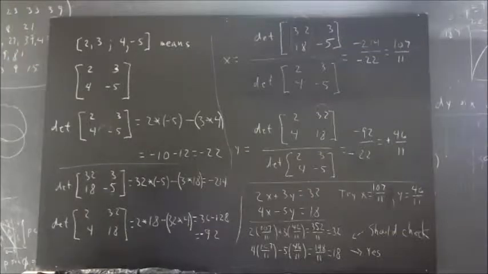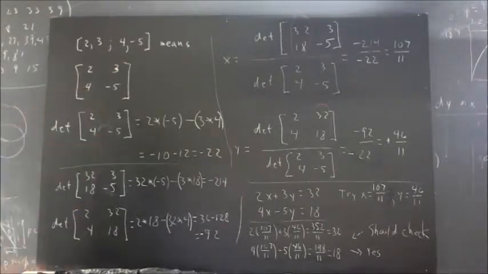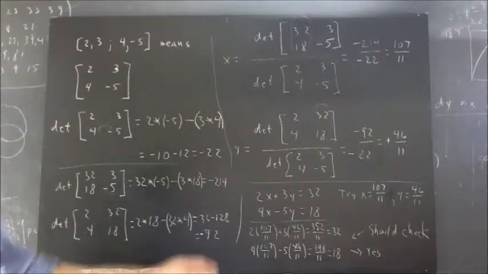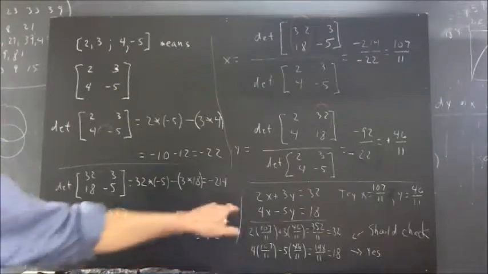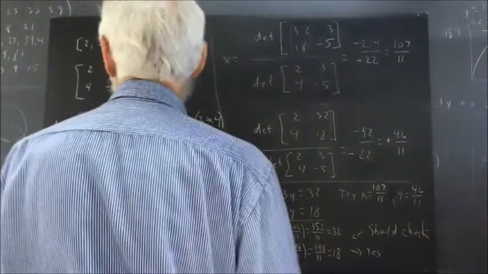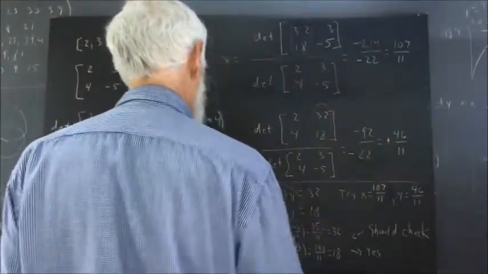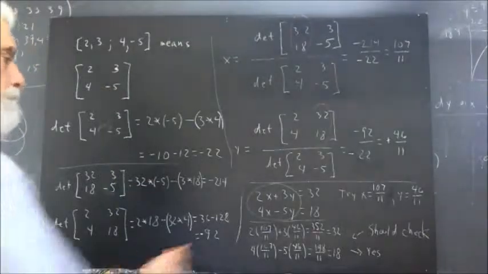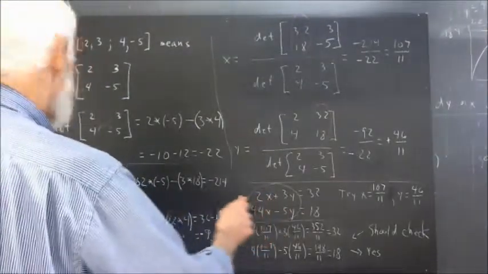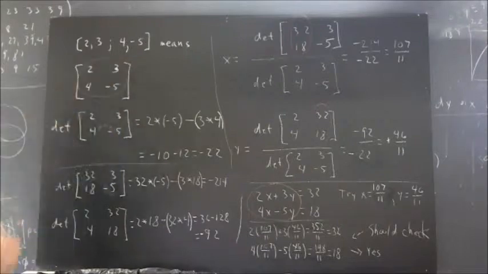Now, this matrix here is related to this system of simultaneous equations down here, and we've seen that sort of relationship, that the numbers, the coefficients in this matrix, 2, 3, 4, negative 5, are the same as the numbers in this matrix.